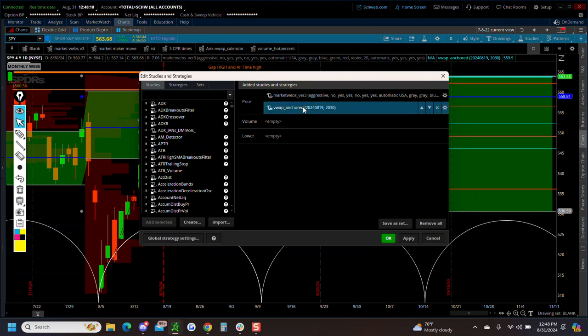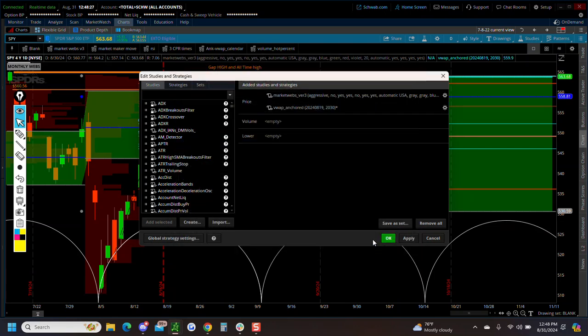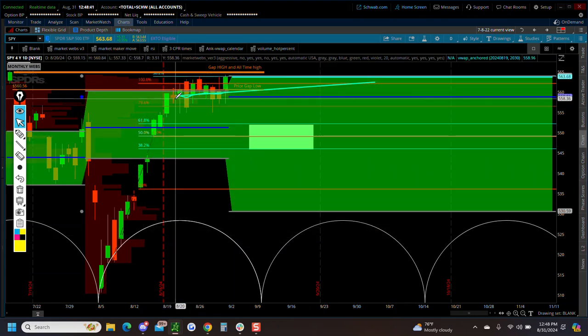Basically, all you do is go in here and type in an anchor date in the study. Using the 1 hour and 4 hour time frames, the webs show the weekly webs, the weekly volume profile. What I do is anchor the week before, like for this past week it was the 19th, so I anchored that.